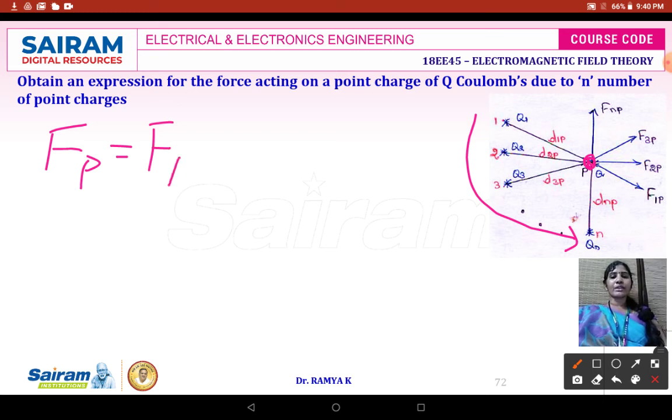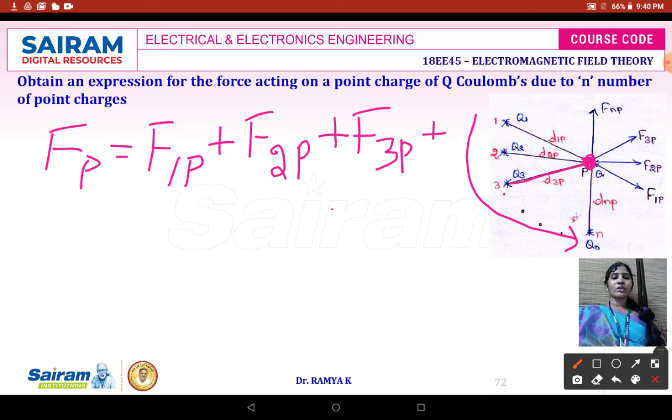So it can be written as F1P plus the force acting at point P due to point charge number 2. The third one, due to this point charge 3, one force will be acting at point P. So it will be F3P and it goes on till FNP.